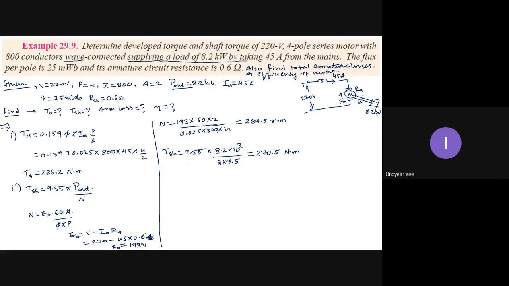Now this is the shaft torque available with output power 8.2 kilowatt. Now it is asked to find out the total armature losses.